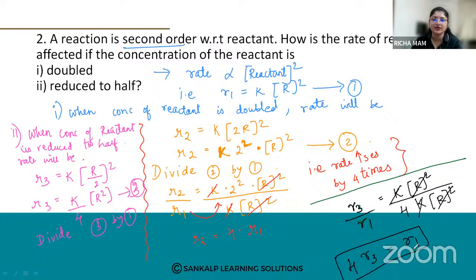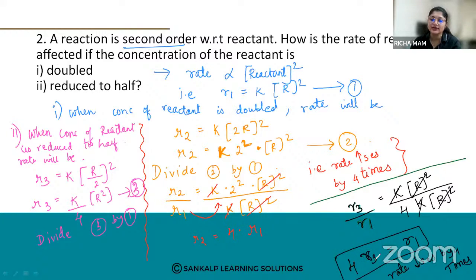It will decrease. If the concentration of the reactant is reduced to half, then the rate decreases by 4 times.